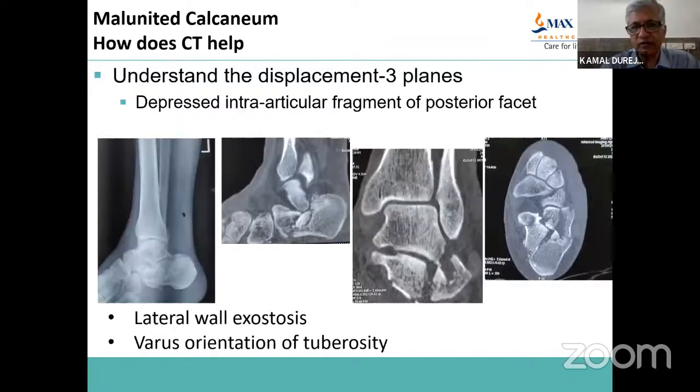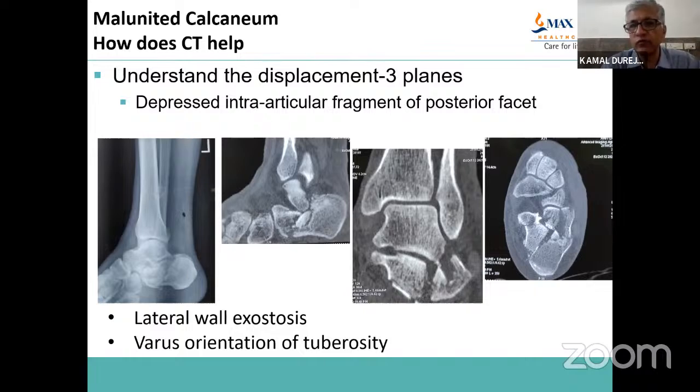Look at this X-ray on the leftmost side, which is showing you a deformed calcaneum and obscured subtalar joint. But when you see the CT scan, you have to look at the pictures which tell you the displacement of different fragments in 3 different planes.